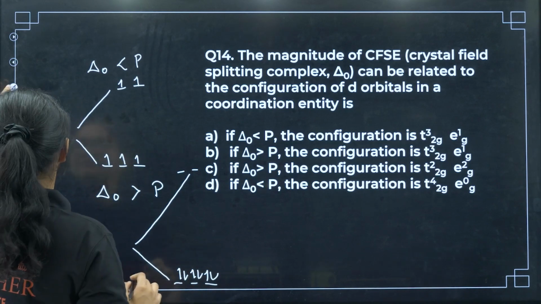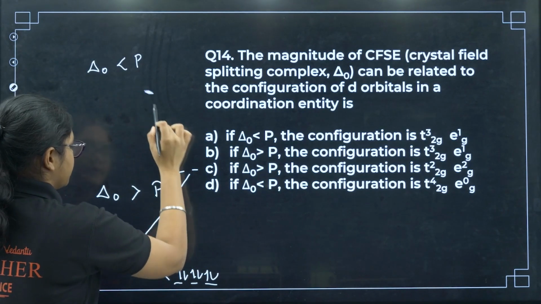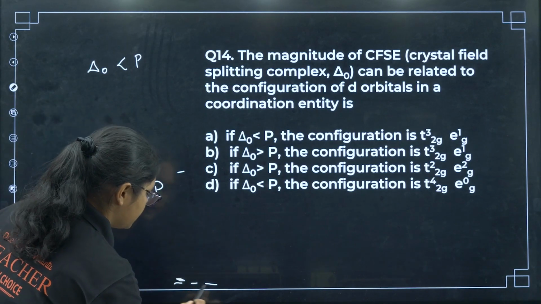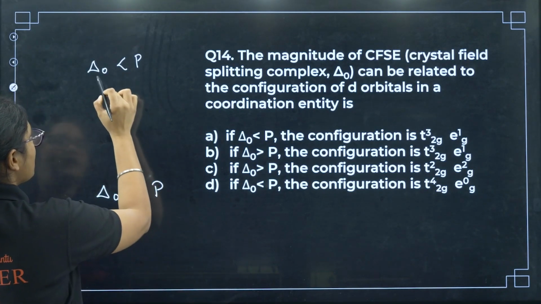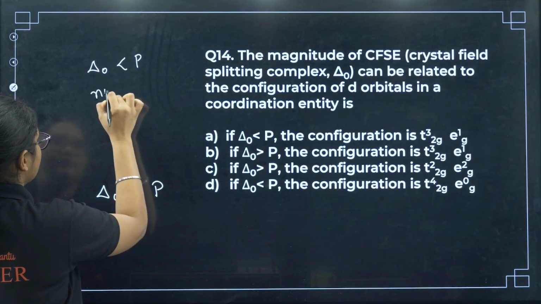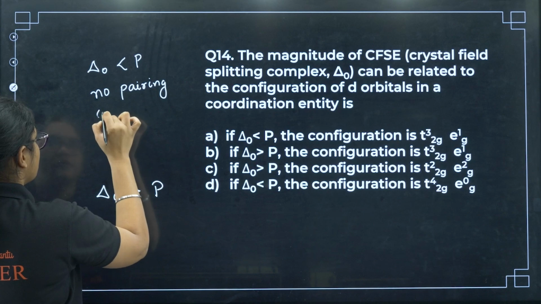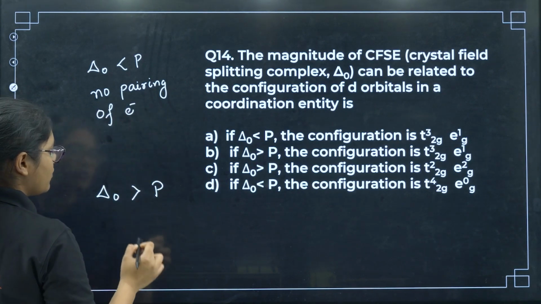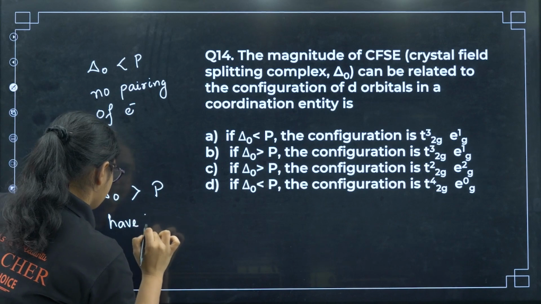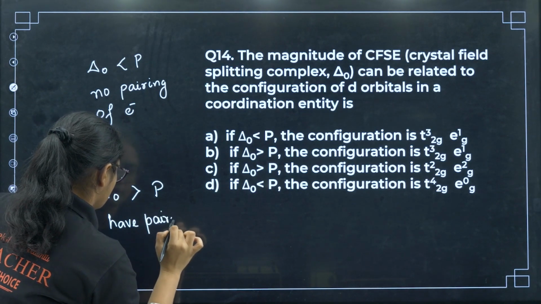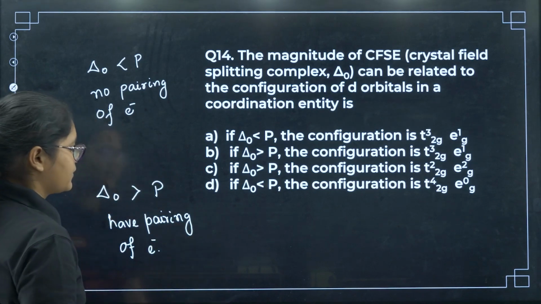Okay, so what I can say here is, you should remember like this: if delta O is less than P, then we have no pairing of electrons. And if delta O is greater than P, then we have pairing of electrons.